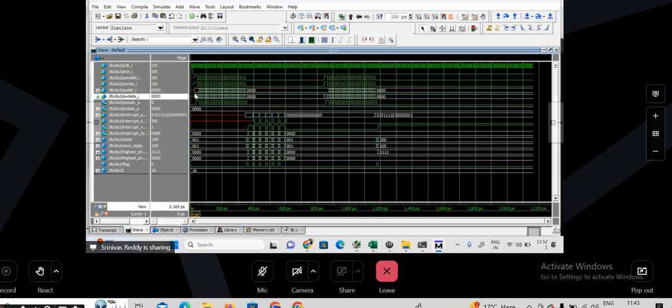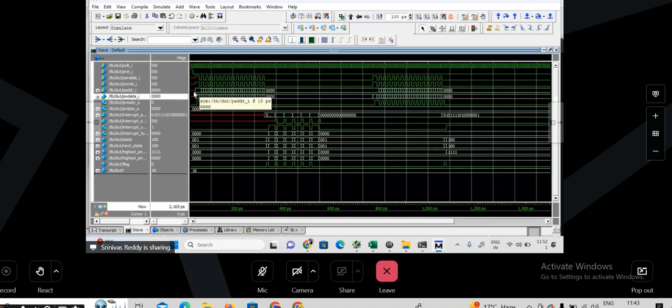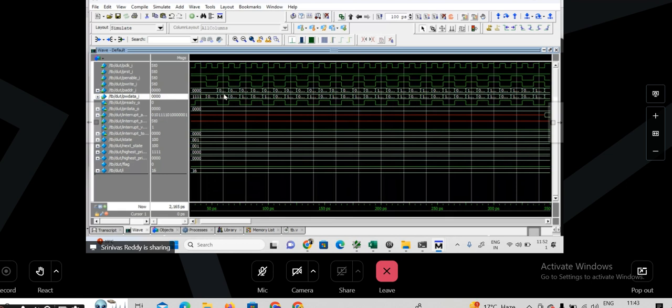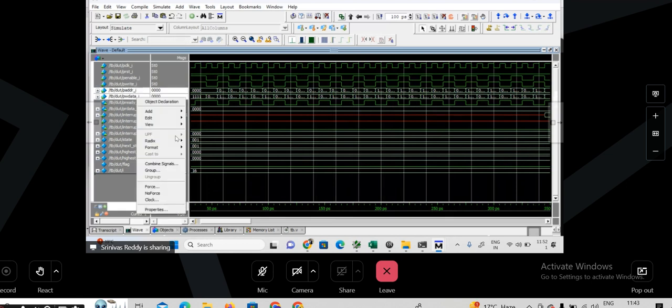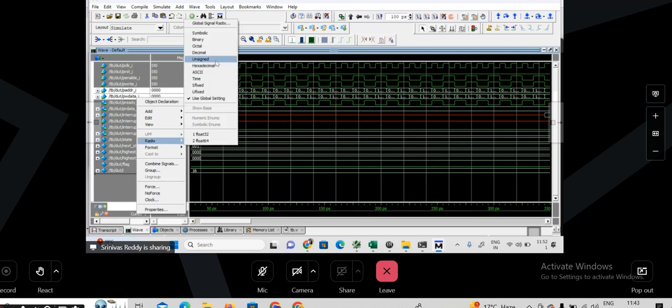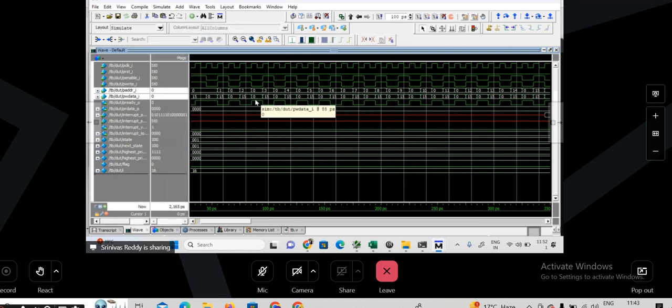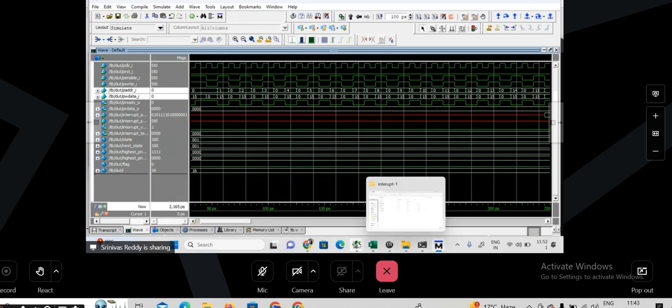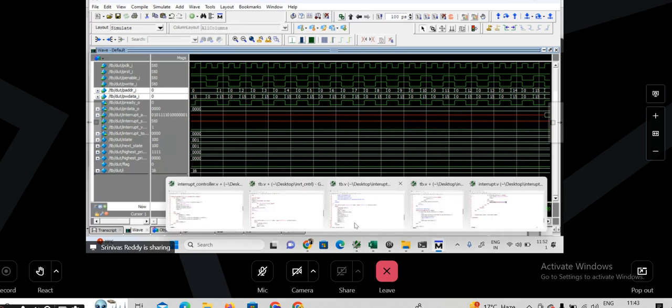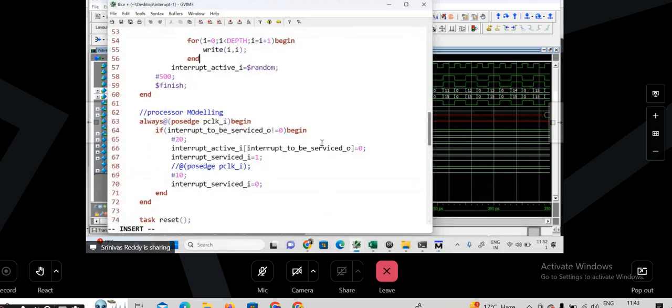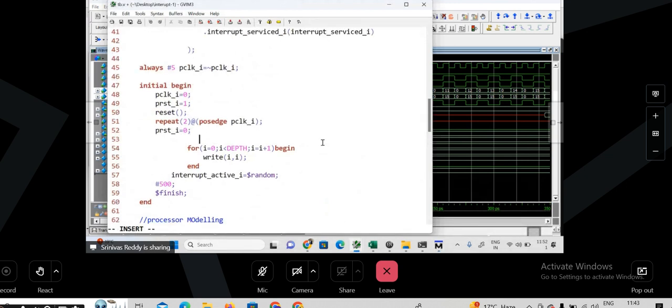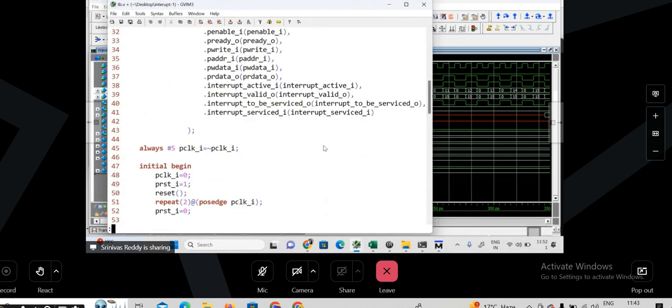Earlier case, I was using I, comma I. Now I'm using depth minus 1. First, I is equal to 0. What is depth? It is 16. 16 minus 1 is nothing but 15. For 0, it is 15 now. For 1, again, it is 14. So on.